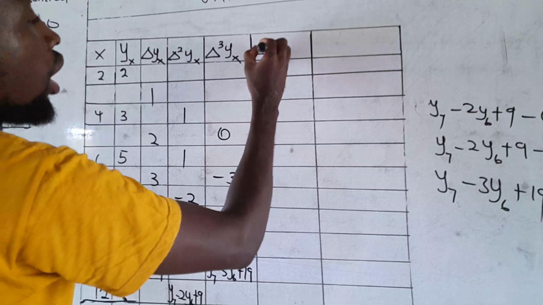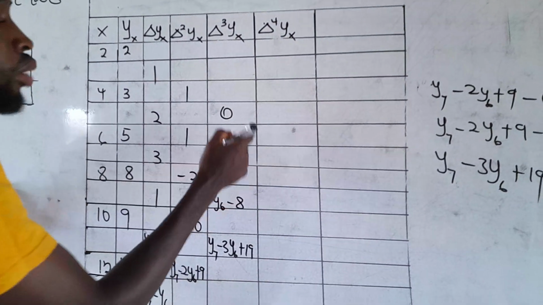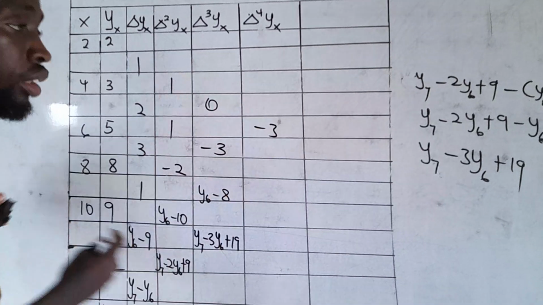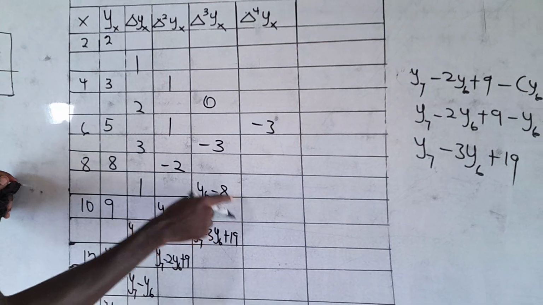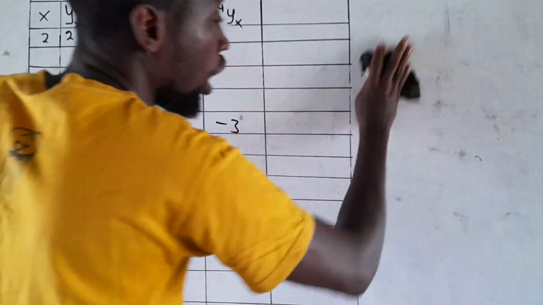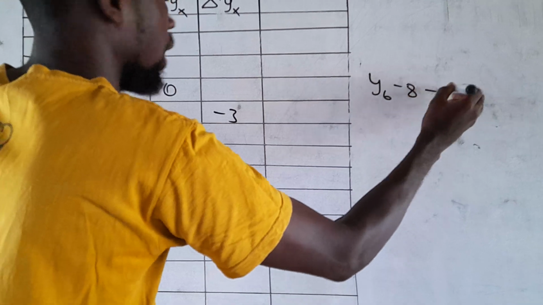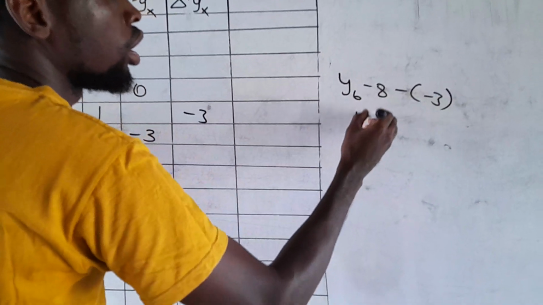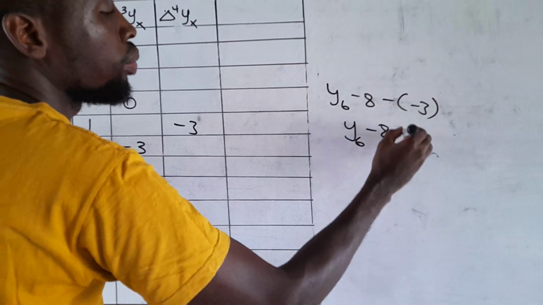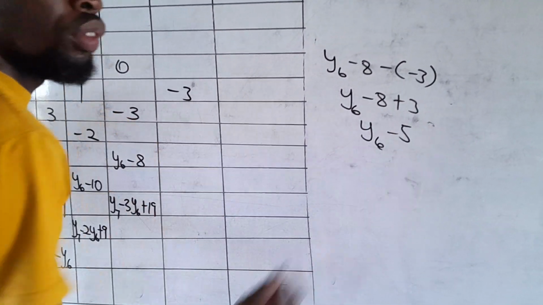Now we'll find our fourth difference. That will be delta to the power 4 of y subscript x. So negative 3 minus 0, that will be negative 3. Then y6 minus 8 minus negative 3. That will be y6 minus 8 plus 3, and that will give us y6 minus 5.